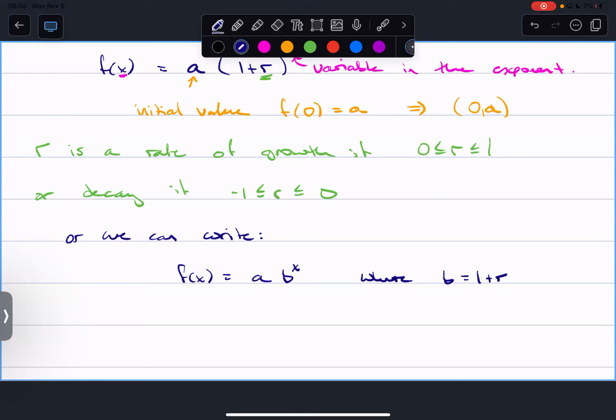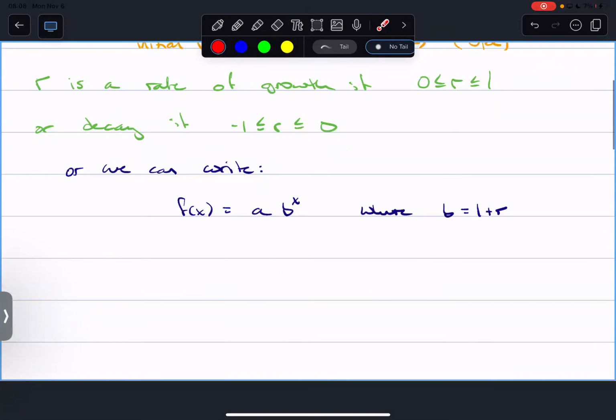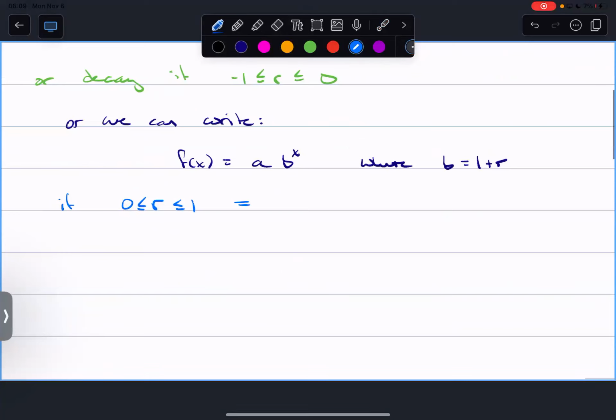So if we have growth, then 1 plus r is going to be a value greater than 1. 1.07, that's a 7% growth rate. And so if r is between 0 and 1, then we have growth, which means that b is going to be greater than 1.